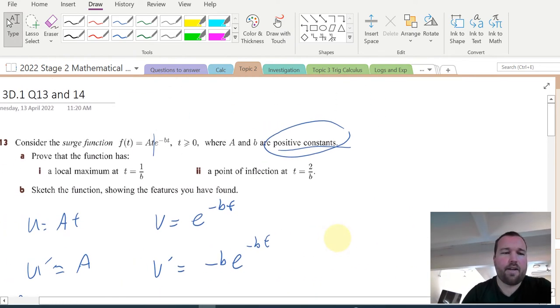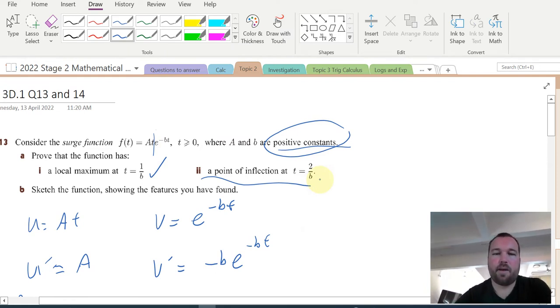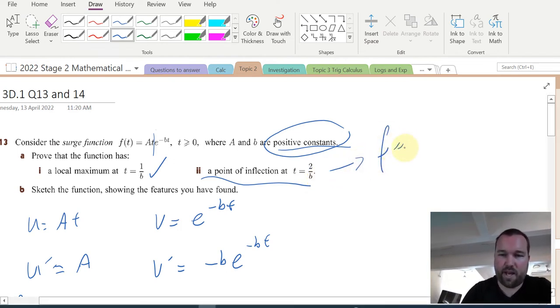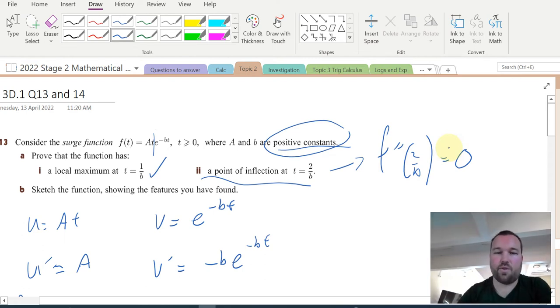So that's done. All right, point of inflection. Point of inflection at t equals 2 on b. What this is asking us to do is basically show that f double dash 2 on b equals 0. So we're showing a second derivative is equal to 0 at 2 on b.